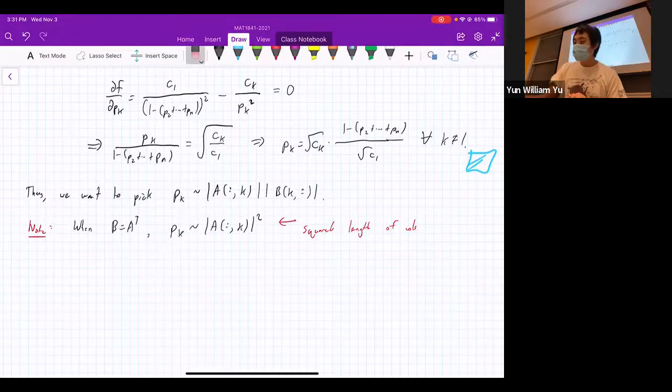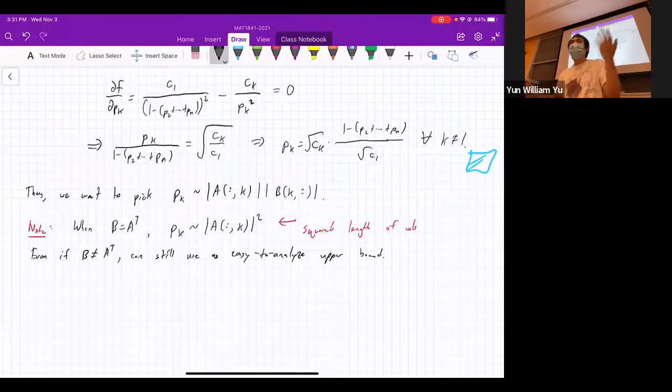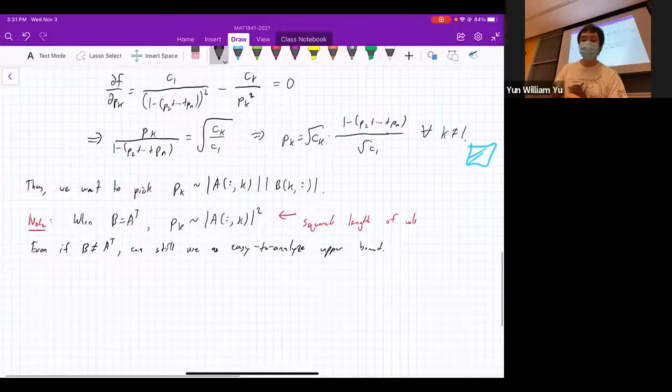But because it won't be better, that means that even if B is not equal to A transpose, we can still use this as an easy to analyze upper bound. Because we know what the optimal value is, and we're not choosing the optimal value, so clearly we're getting an upper bound on whatever the variance is.